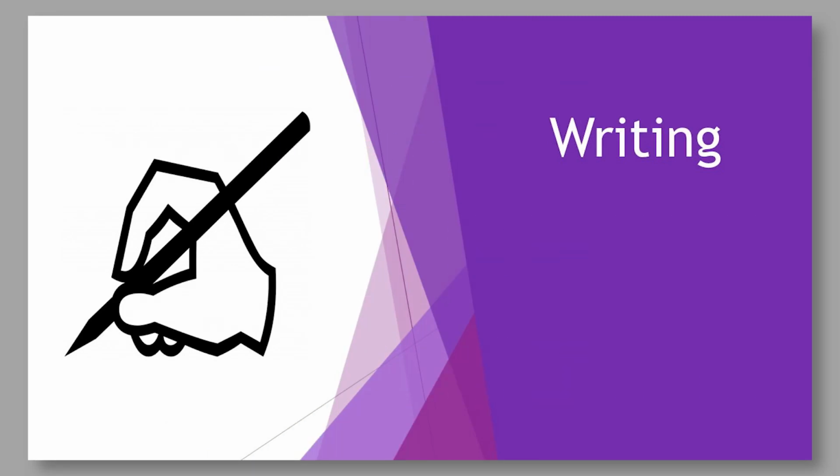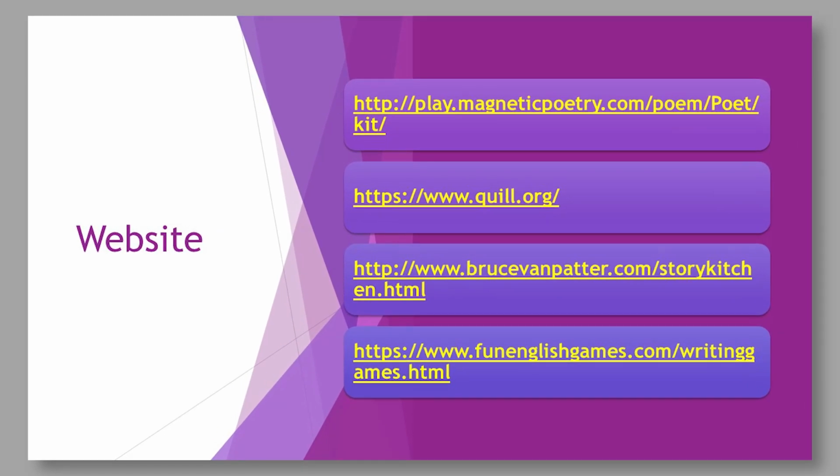So let's talk about writing online. These are going to be resources that have ways to manipulate text online. So there'll be websites where you can write poetry, and they'll have visual mapping tools, because there's different stages of writing. And it just depends on what task your child is asked to do specifically. One of my favorites is magnetic poetry.